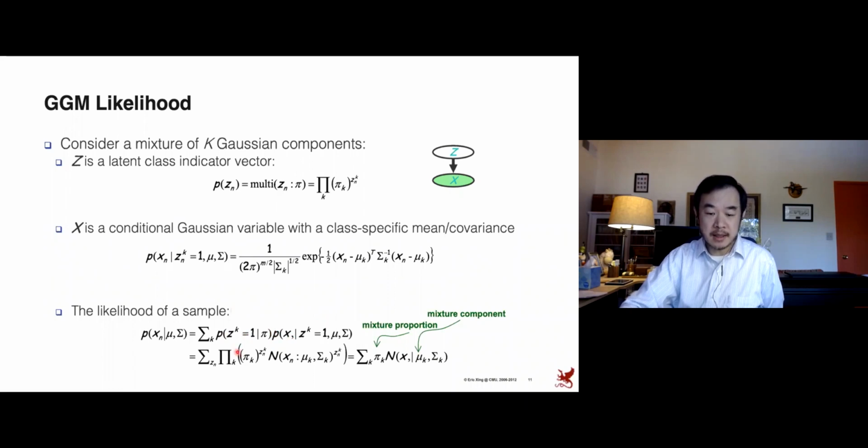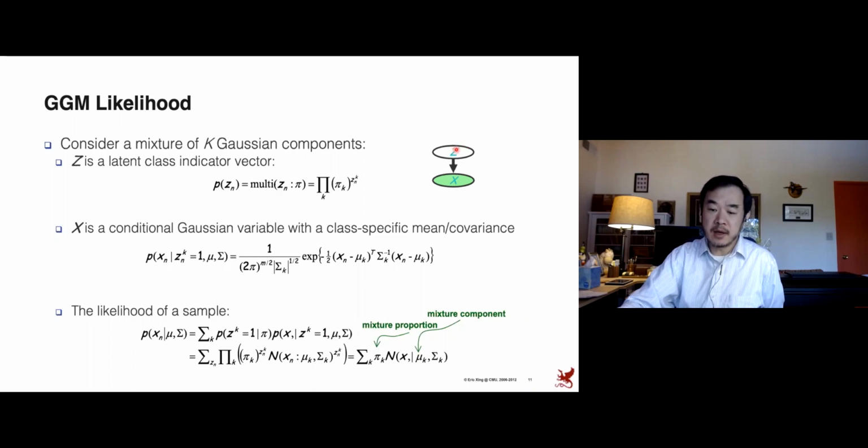Okay, so this is the simplest way of using the chain rule to write down the joint probability p of x and z. X is the observation, and z is the latent component assignment. But note that this particular term, p of z times p of x given z, which leads to p of x and z, isn't the likelihood of our data, because our data does not contain the z.